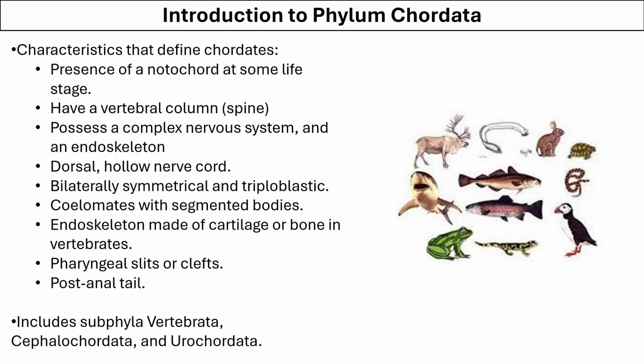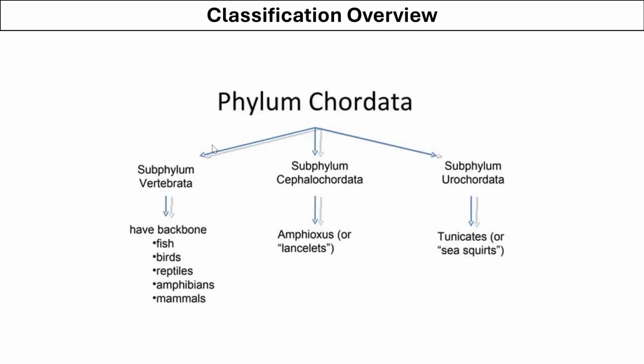So chordates have a subclass vertebrata. The other two subclasses are cephalochordata and urochordata. So if we look at the classification of chordata, you see that one subgroup is vertebrata, which is huge as it contains all the animals that have a backbone such as fish, birds, reptiles, amphibians, and mammals.